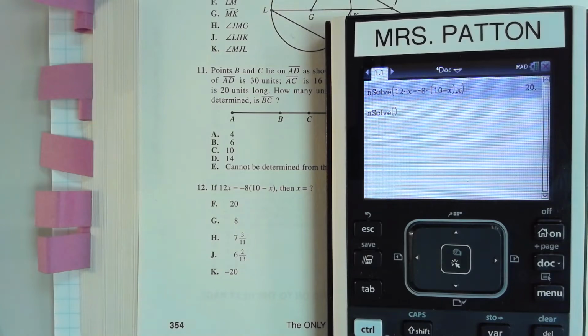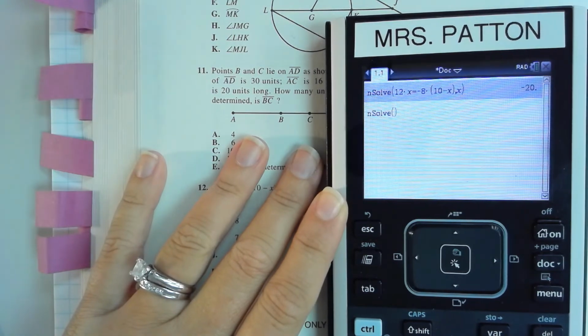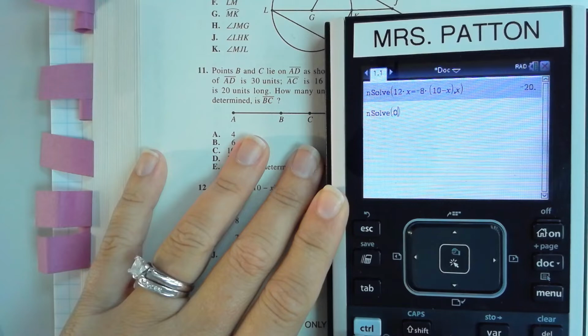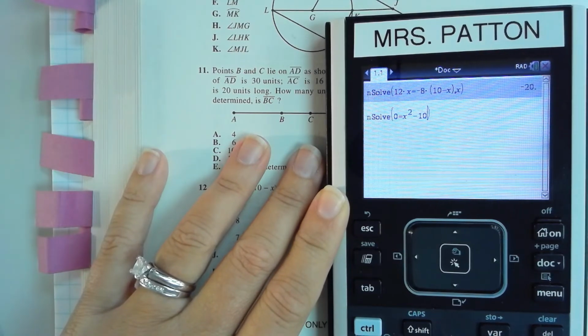The downfall of the solver is if there is more than one solution, you have to go find the other solutions. Let's do that here. Let's do Menu 3, 1, and let's say I want to do 0 equals x squared minus 10x minus 11.